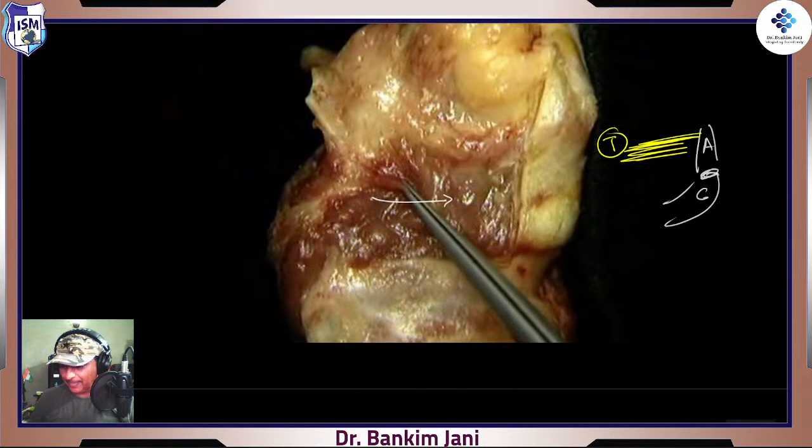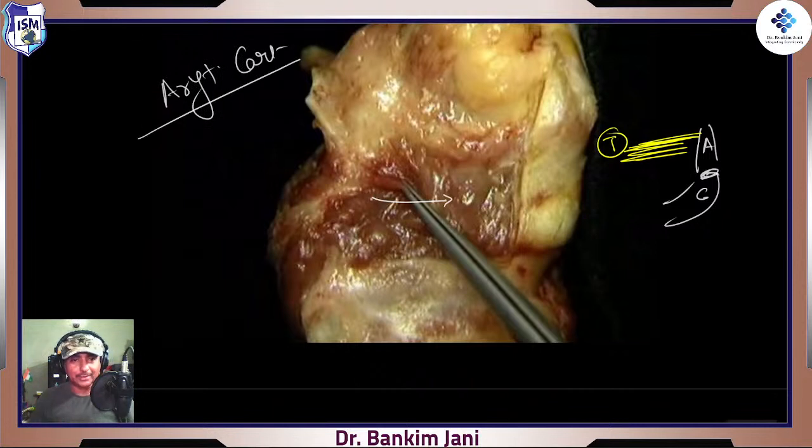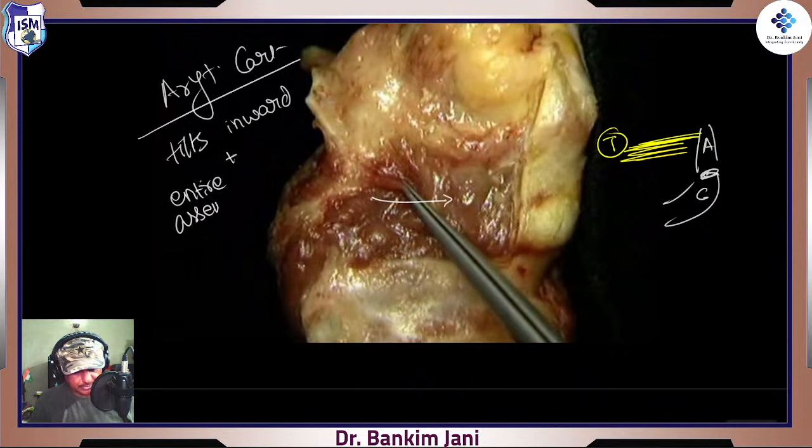So here what really happens is that this arytenoid cartilage, right, it tilts inwards and pulls forward, right? So it tilts inward plus this is a big muscle, so the entire assembly is pulled forward, right?